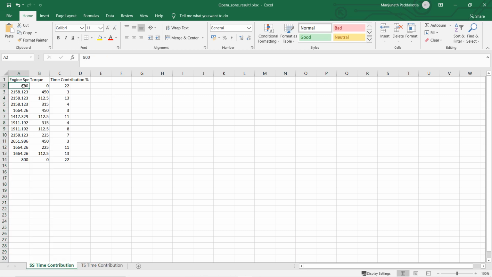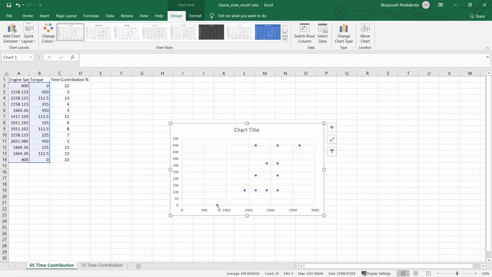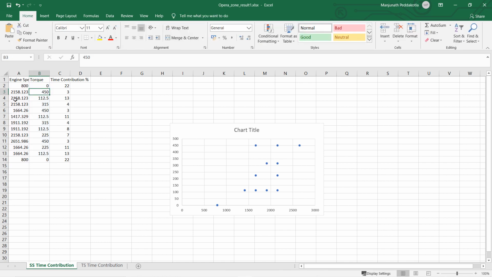In the steady state, you can see these points, which include the idle point of 800, and all the other points: 2158 rpm and 450 torque, 2158 rpm and 112.5, 1315, 1664 and 450, 1417, 112, 1911 and 315, 1911 and 112.5, 2158 and 225, 2651 and 450, 1664 and 225, 1664 and 112.5, and again the idle point is repeated.